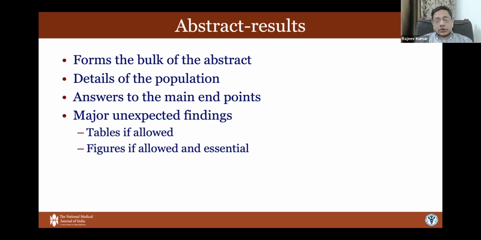But you'll never be able to capture all that information in the 70 words that I gave you. Therefore, if you're allowed a table, always create a table for the results in the abstract. Similarly, if you're allowed a figure and you're showing a diagram of methodology or a diagram of outcomes, always put one in, because it allows you to present more information than your 50 or 70 words will allow you.